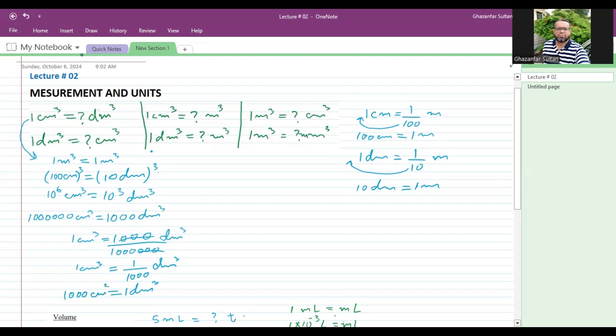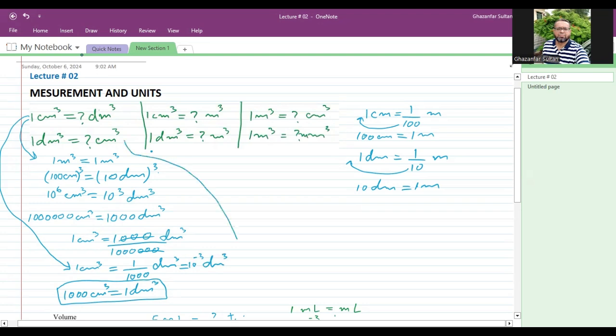You can use either of the ways. So you have developed both relationships. It is also equal to 10 raised to power minus 3 decimeter cube, which is also correct. And for this, you have this relationship.